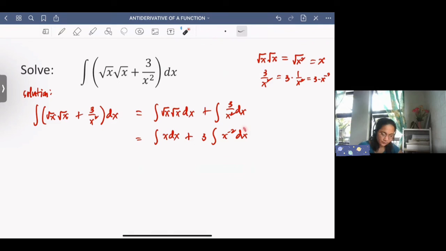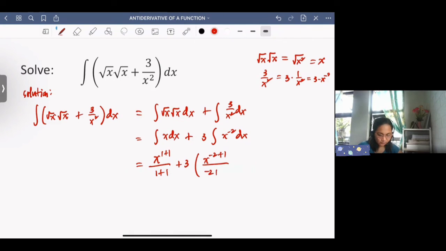That's why we have this expression. Alright, so applying the power rule, we'll have the integral of x dx is equal to x raised to 1 plus 1 divided by 1 plus 1 plus 3 times the quantity x raised to negative 2 plus 1 divided by negative 2 plus 1 plus c.